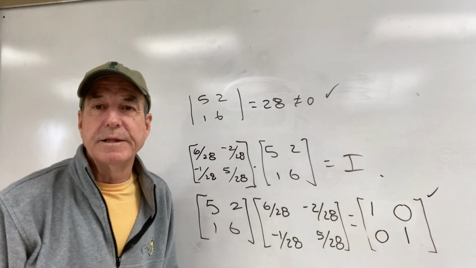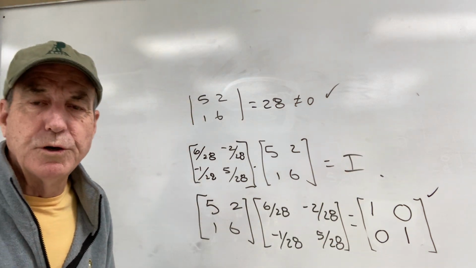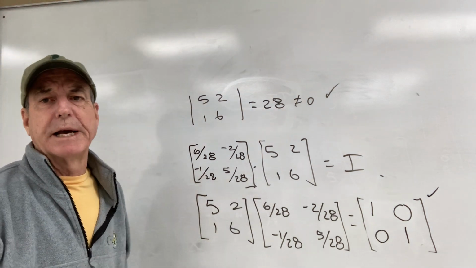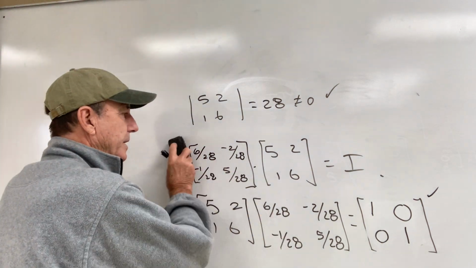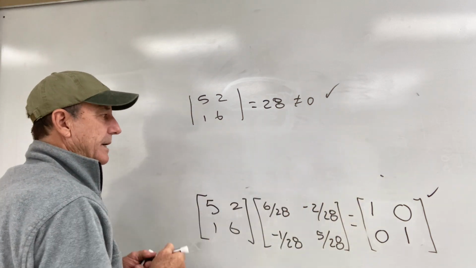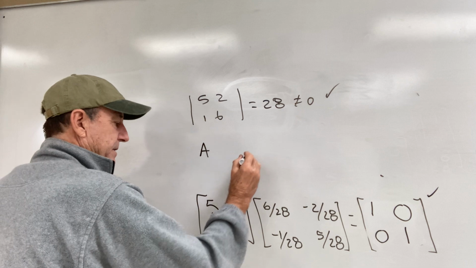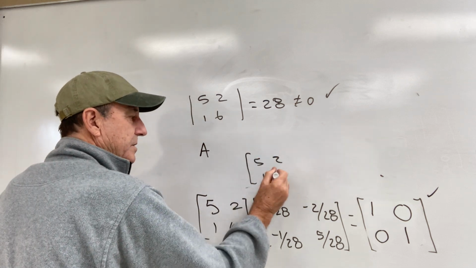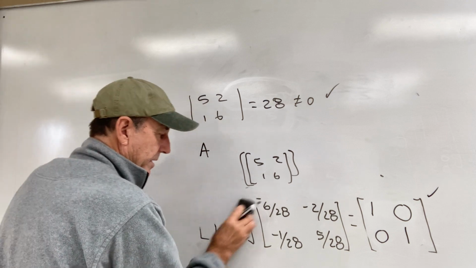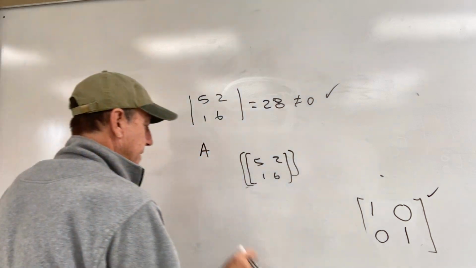Okay, so finding the inverse of a 2 by 2 matrix. We want you to be able to do that by hand. You can do that on the calculator. If you actually put in on the calculator this matrix, call it A. A spits out to be 5, 2, 1, 6. And then you ask the calculator, what is A inverse?